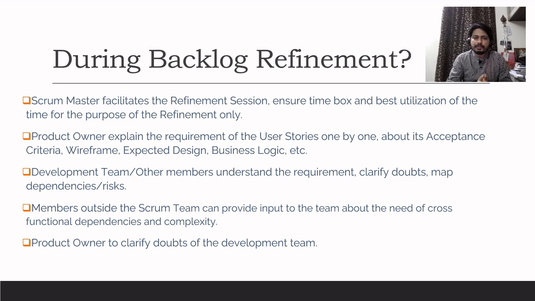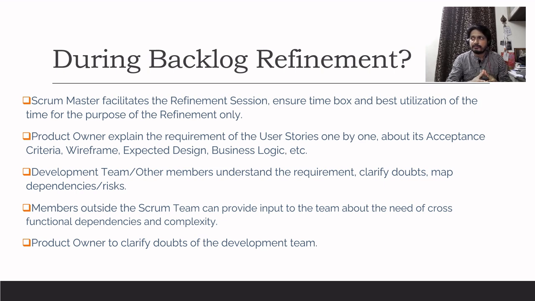Okay, so what we do during this backlog refinement meeting. The Scrum Master facilitates this backlog refinement session, and to kickstart, he will remind the participants, like all the developers, that they should ask questions, and he encourages engagement, and he will make sure that the whole meeting is time-boxed, and all the time is best utilized just for the refinement, right?